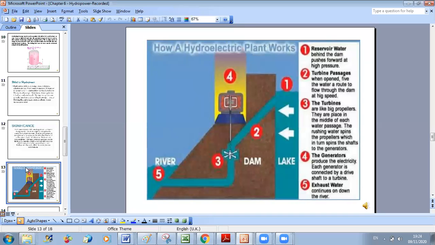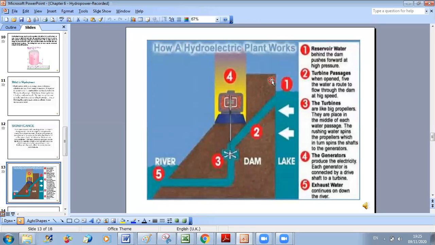In the following figure, we have the figure of a hydroelectric plant, and it will illustrate how it works. So here, for example, you can see we construct a dam. So this is our dam here, okay?